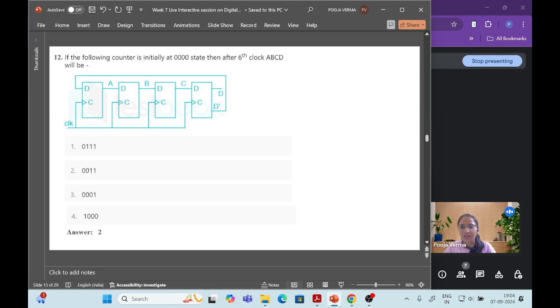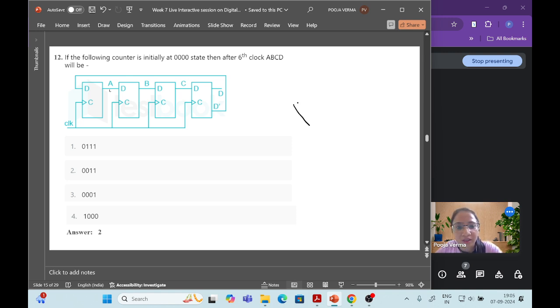Next question: if the following counter is initially at 0, 0, 0, all are 0, then after 6 clocks, what will be the output of ABCD? That means what will it be after the 6 clock pulses? For simplicity, we can see that the clock pulses are given to every D flip-flop, and the complemented output of the last D flip-flop, D dash, not the normal output, is given to the first flip-flop input.